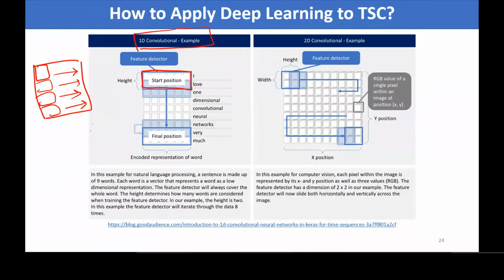But if you have only 1 dimension, then your filter will move just in 1 dimension. This is the filter in this case, it will just move down the 1-dimensional signal. So this is 1-dimensional convolution, and this is 2-dimensional convolution. Later on, you can refer to the details.